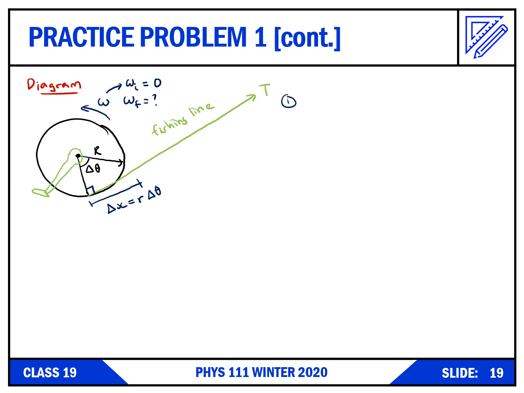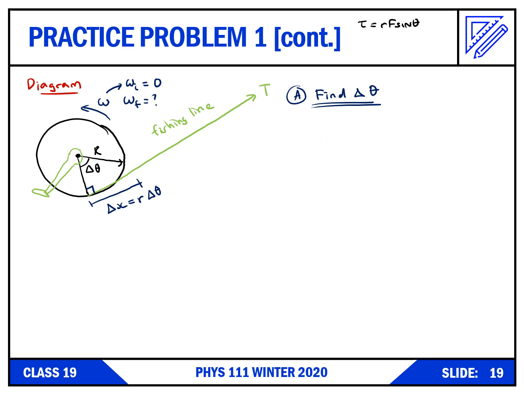So number A, we want to find delta theta. Before we can even approach this question, if you have your formula sheet handy, you know that torque is equal to Rf sine theta, where theta is the angle between the two vectors.